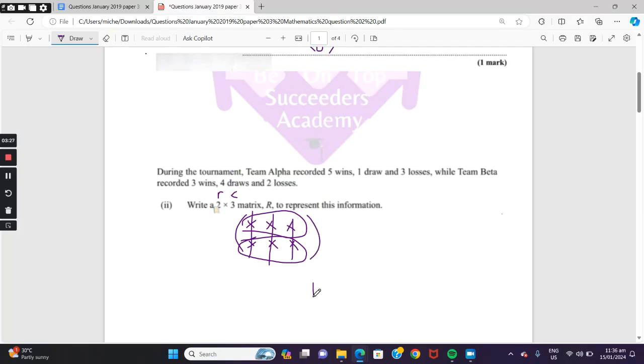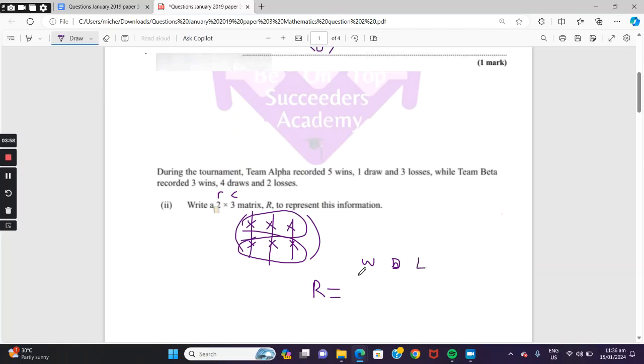So the answer for matrix R is going to be equal to, you write it in the order that they give you. They have win, draw, loss. That's a rule. So the way you write in the digits would be win, draw, and loss.